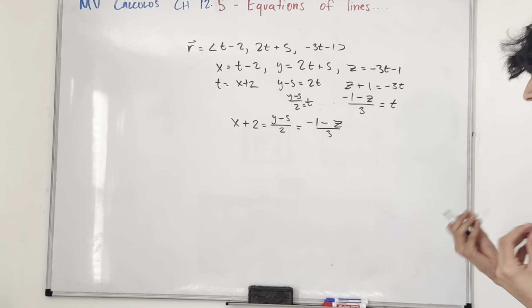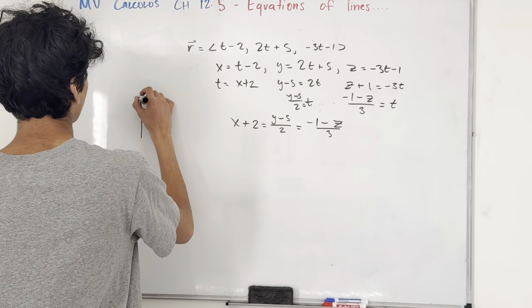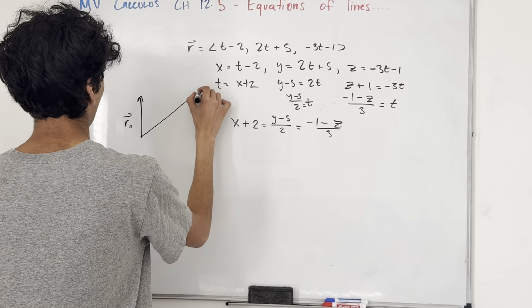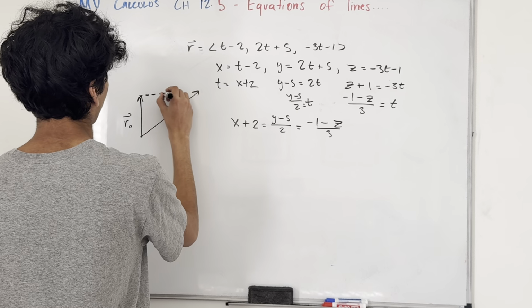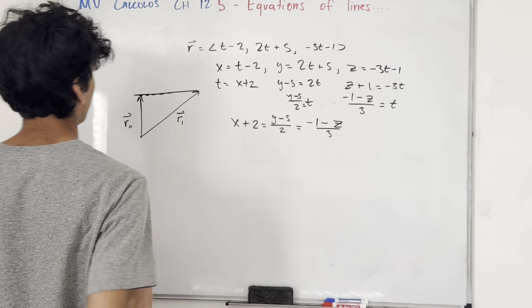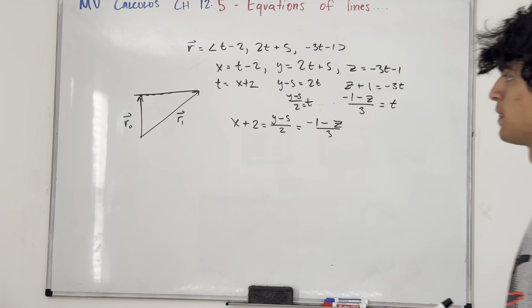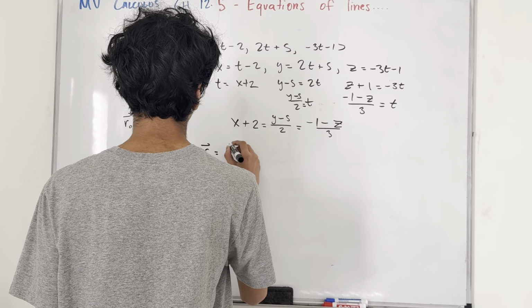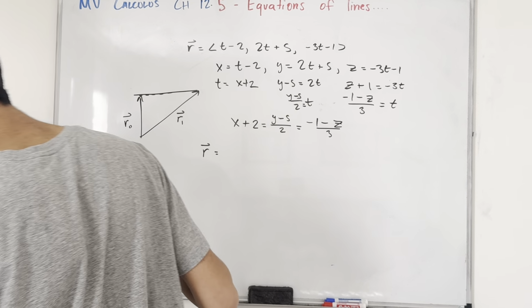Let's say you want to write the line segment from R initial to R final, or R1, and we want to get an equation for this line segment. Well, I know R is going to equal, wait, I'm going to have to check the book.